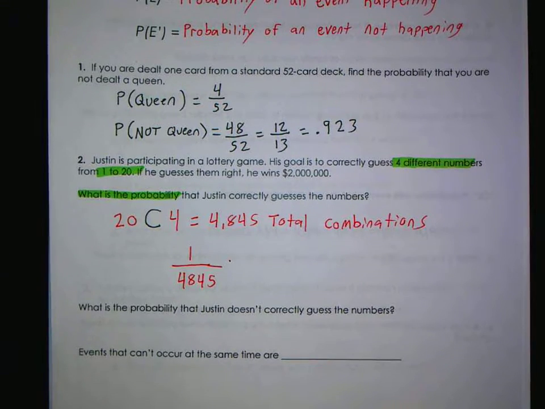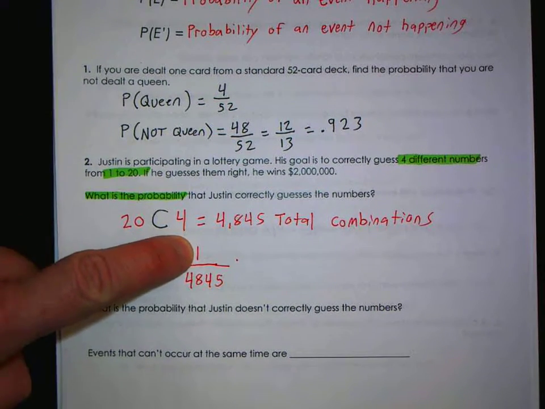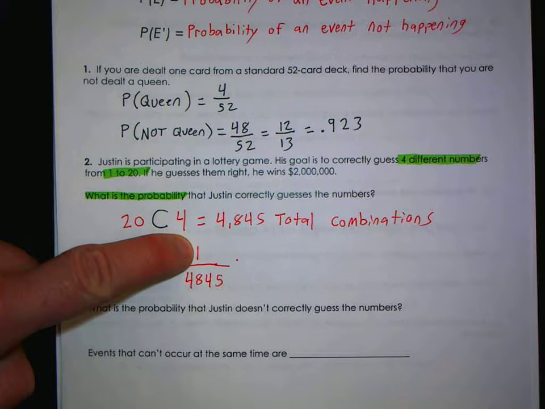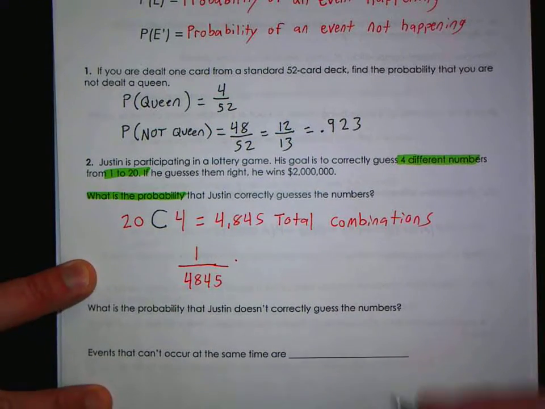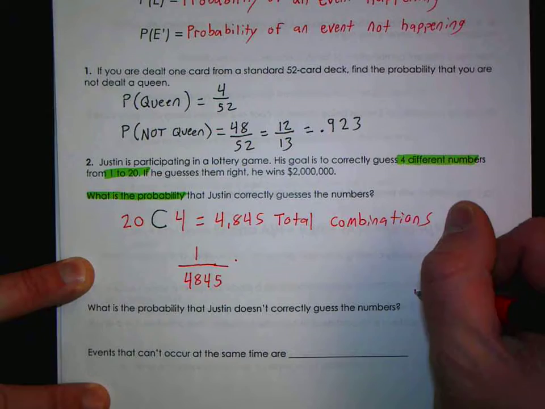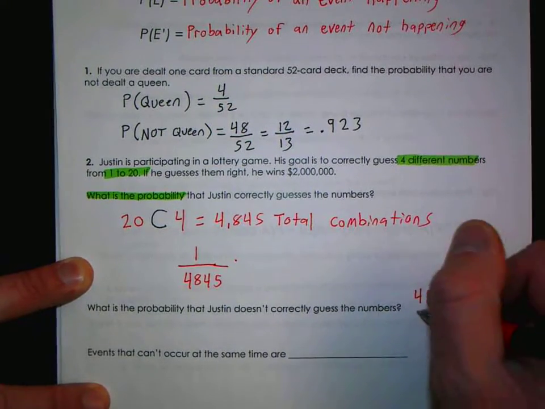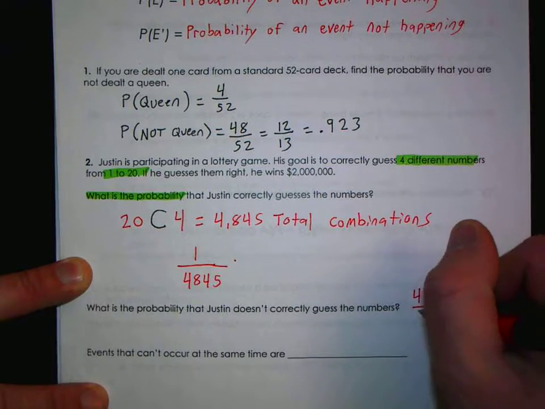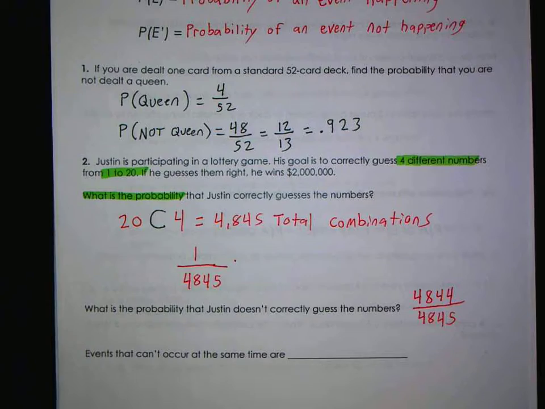What is the probability that Justin doesn't correctly guess the numbers? Well, if there's one combination that is correct, then how many combinations are not correct? Yeah, 4,844 out of 4,845.